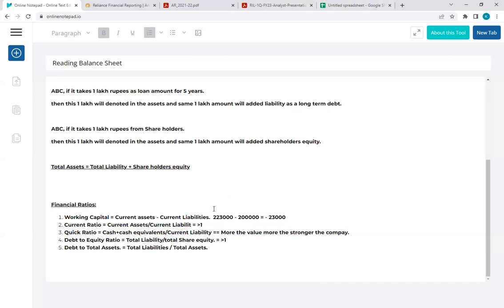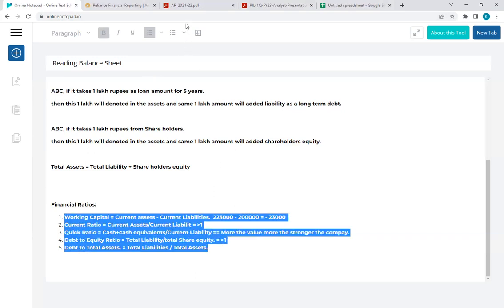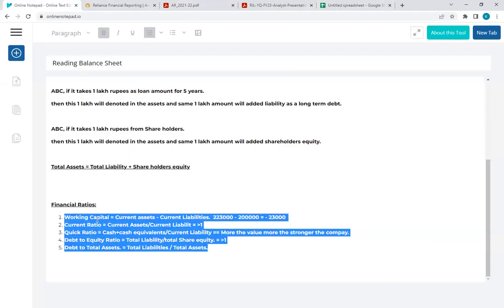And if we want more information, like how the company is performing compared to other companies, then you can do the same calculation, the same ratios, for Reliance Industries for the year 2022, and compare with the 2022 data from another company's balance sheet, calculating the same ratios.